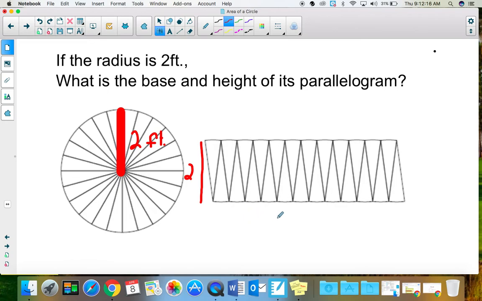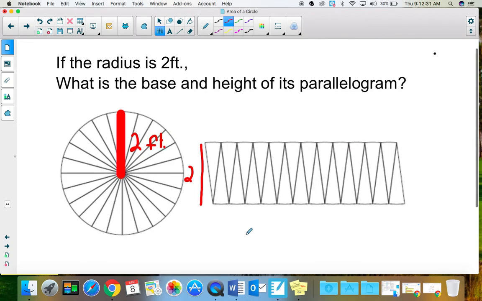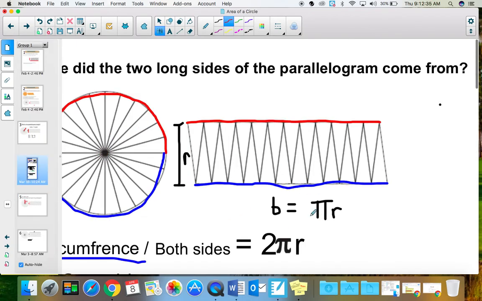Now we said that the base here is going to be half of our circumference. You could find out the whole circumference and divide it by 2, but we're going to use that little formula I told you. Let's go back for a second and look at it. It was base equals pi times r.